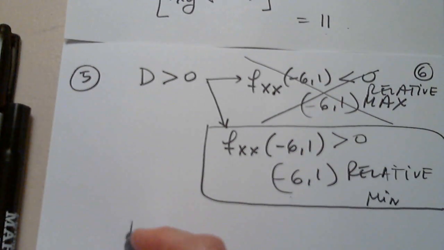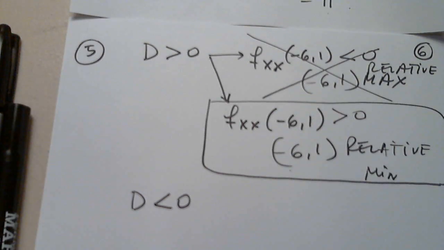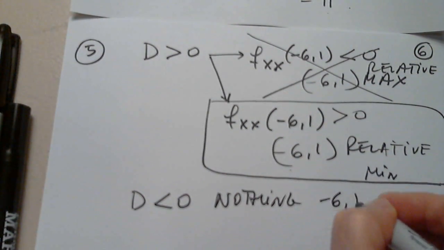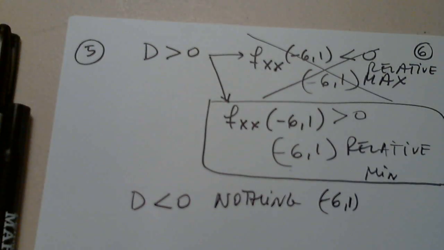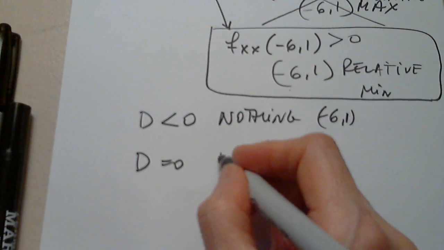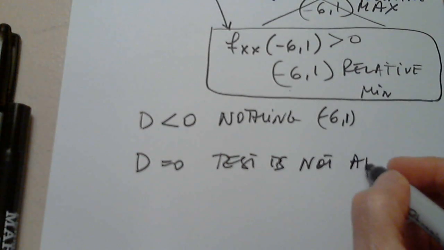Now, if d is less than 0, negative 6 comma 1 is nothing. If d equals 0, the test is not applicable.